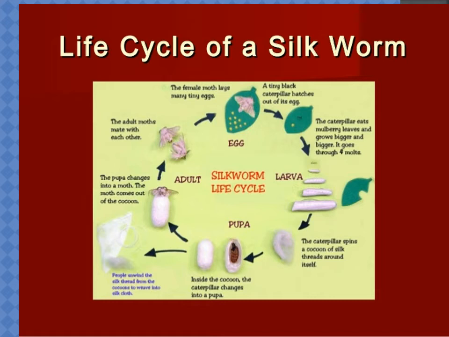The different qualities of silk depend on the leaves upon which the larva feeds. The famous mulberry silk is obtained from the cocoons of the pupa, the larval form of the moth, which is fed on mulberry leaves. First, the mulberry leaves are there.